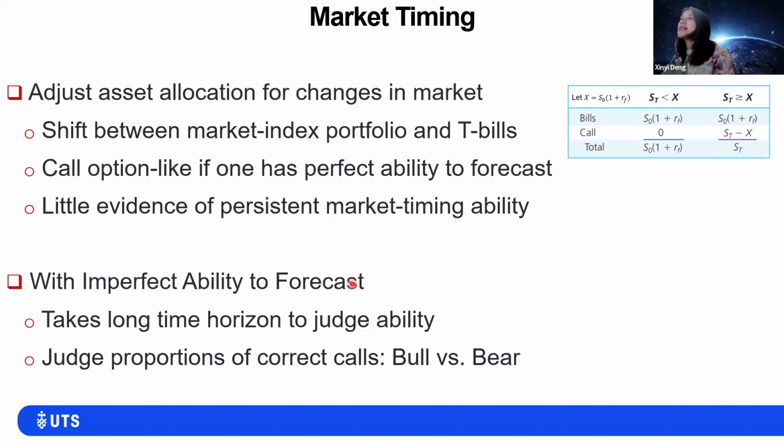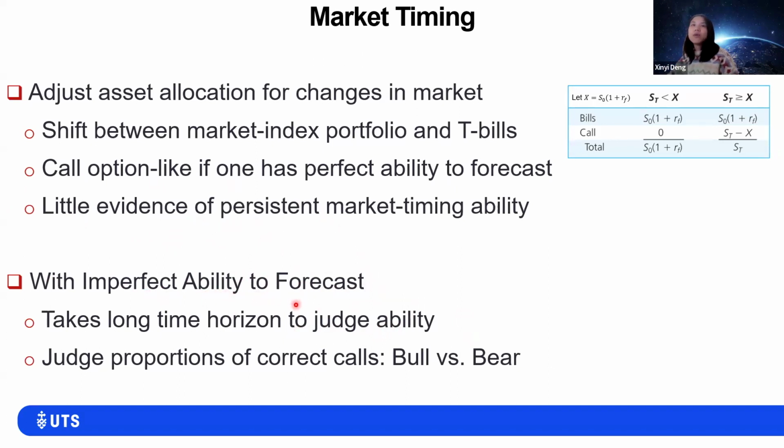How do we estimate the market timing performance in such scenarios with such assumptions? What we can do is estimate the value of the market timing ability if we have imperfect ability to forecast.